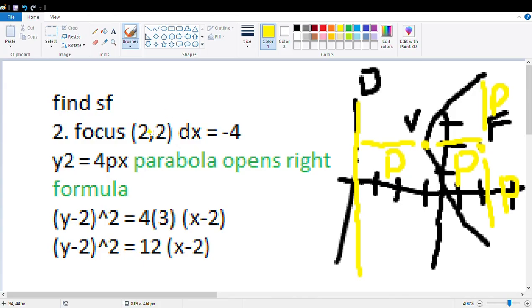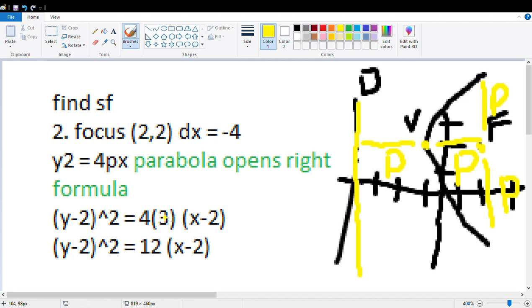But since in our given it's the same number, we can just safely copy it. So y minus 2 squared is equal to 4 and 3.